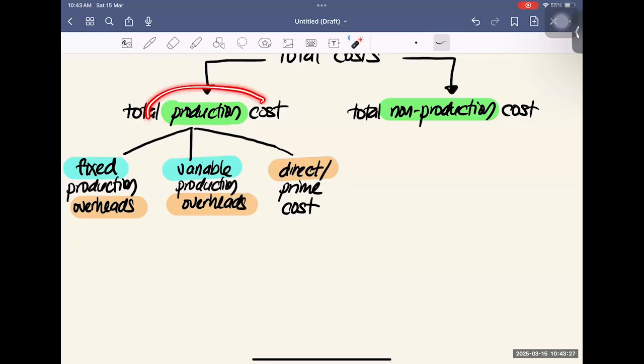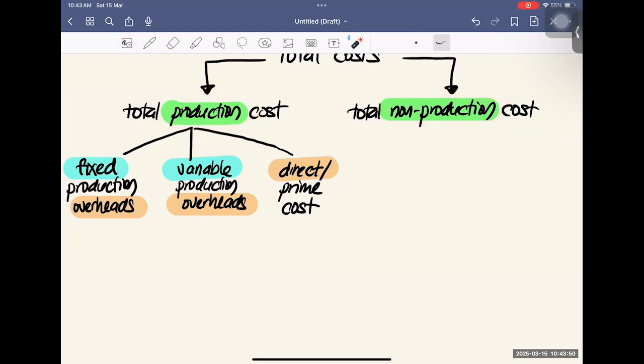What are the things that are production related? For example, your machine, the labor that you pay to make the product, the materials, all these are production related. What are things that are non-production?